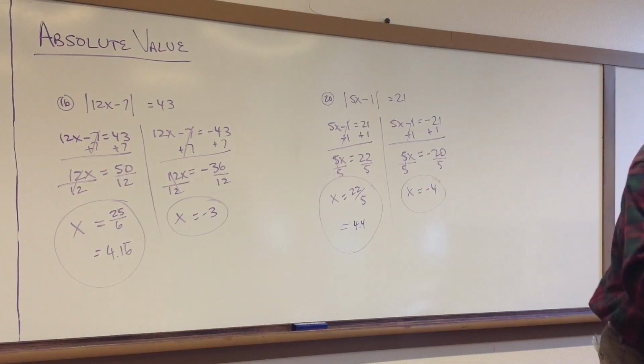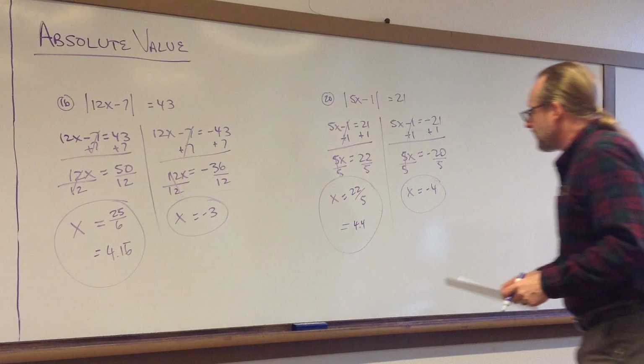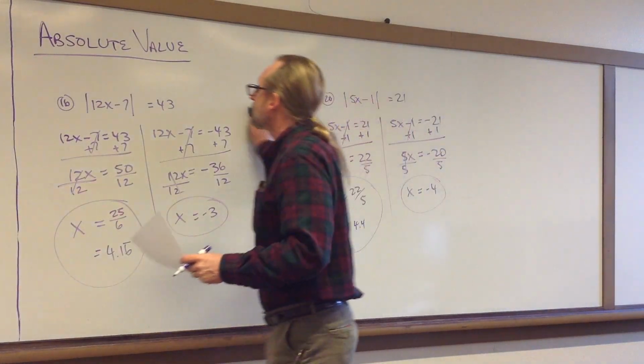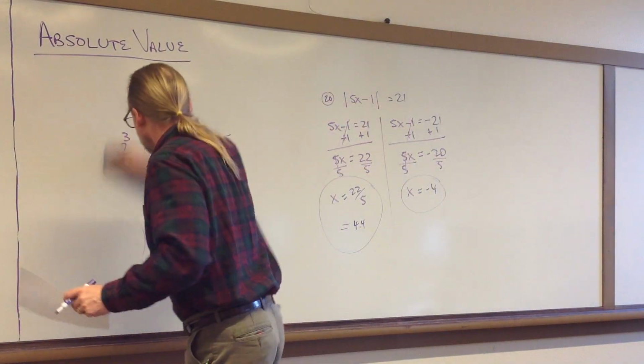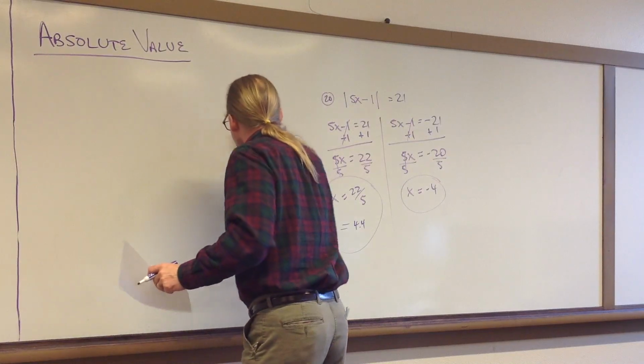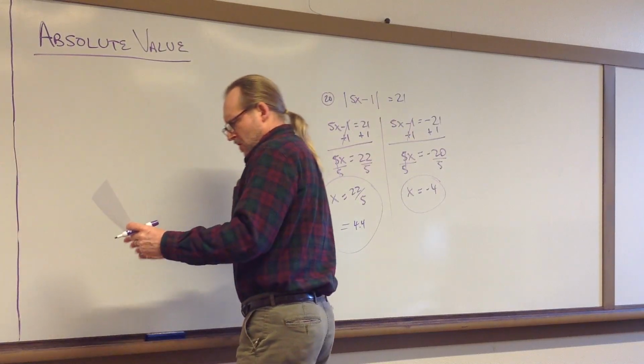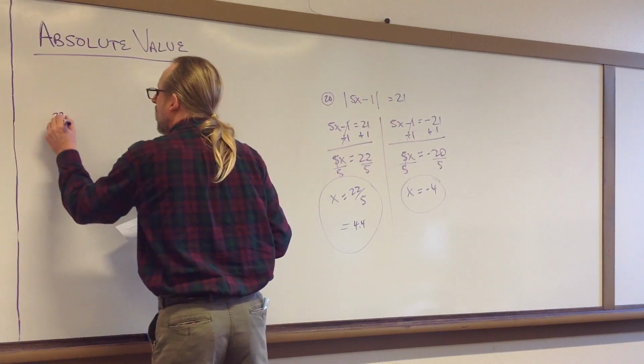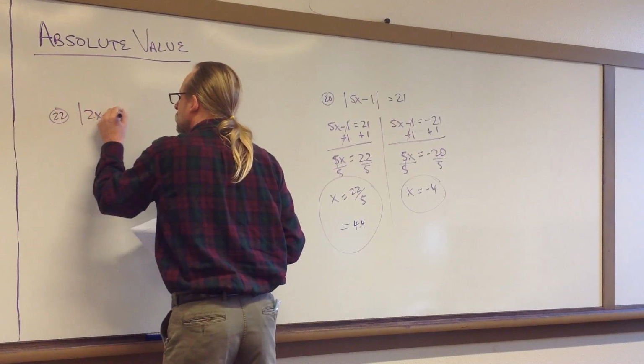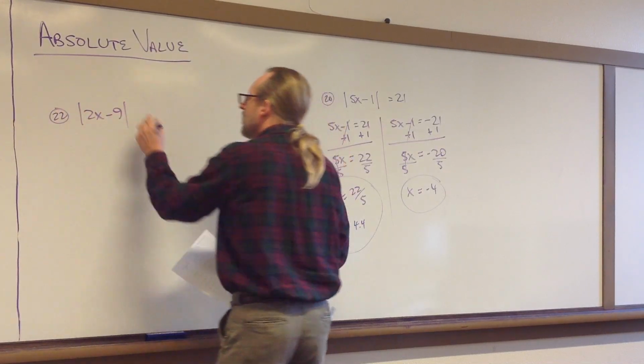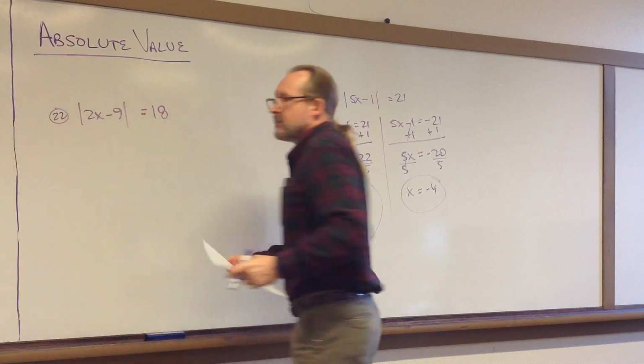All right, let's look at one more here. Excuse me, problem 22. Absolute value 2x minus 9 equal to 18.